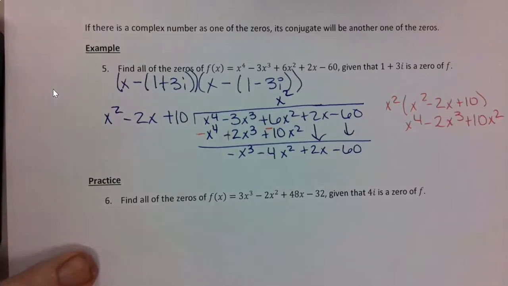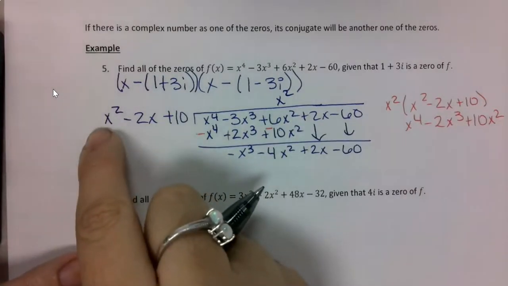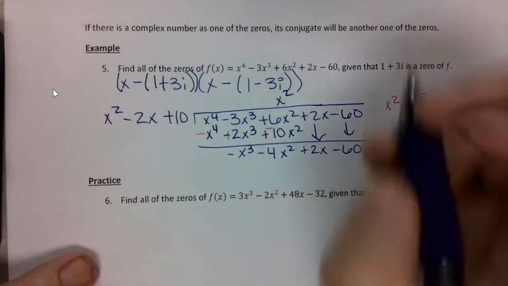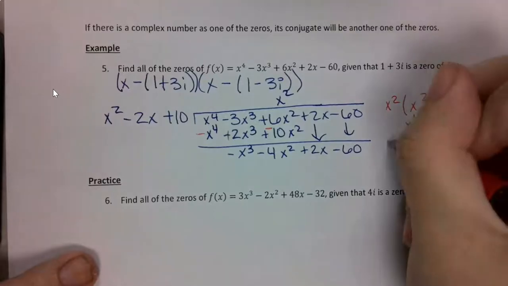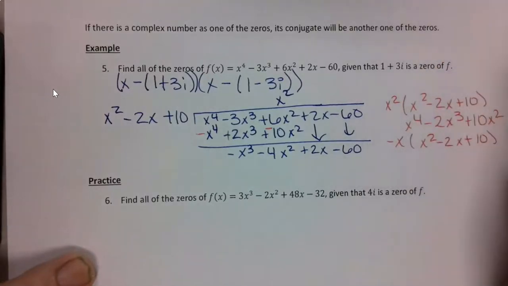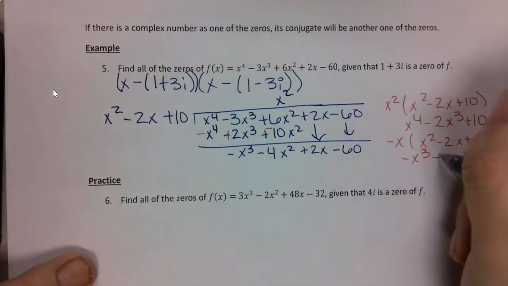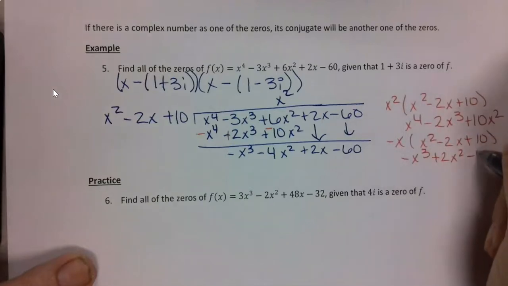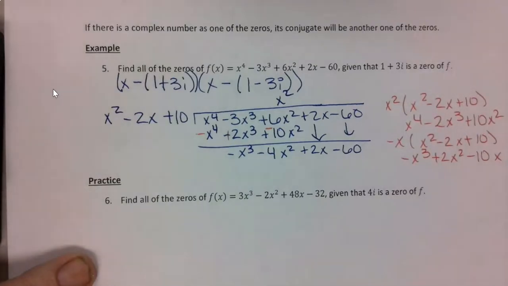Then I'm looking for what multiplies by x squared to turn it into negative x cubed. This is negative x. So it's going to give me negative x cubed plus 2x squared minus 10x. I'm going to write the negative x up here.